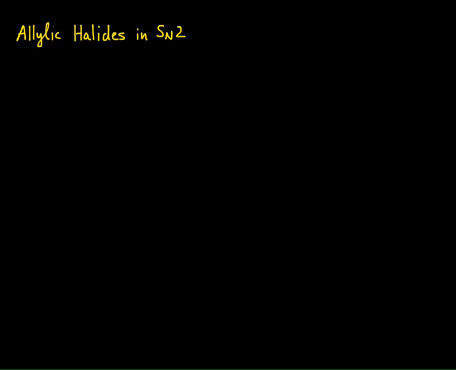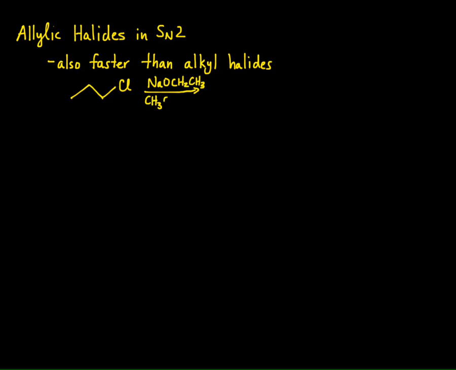When we look at substitution reactions of allylic halides that undergo the SN2 mechanism, we also see that they are faster than alkyl halides that undergo SN2 substitution. We can take a look at a simple case where we have a primary alkyl halide, 1-chloropropane, and I'm reacting it with sodium ethoxide in ethanol.